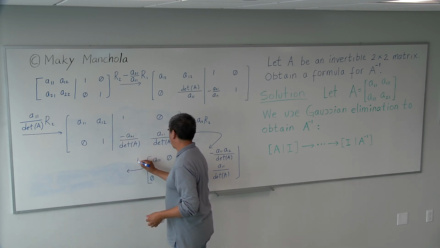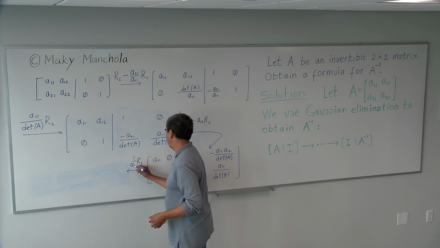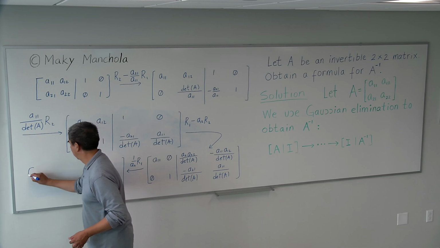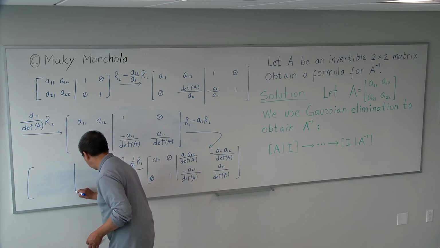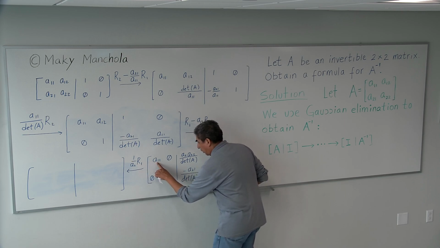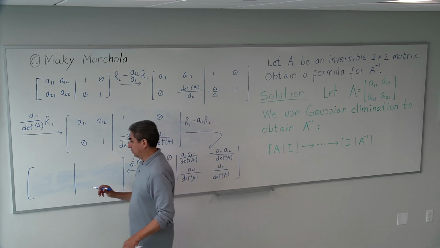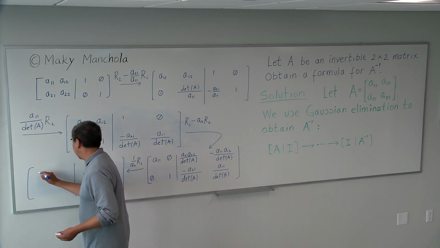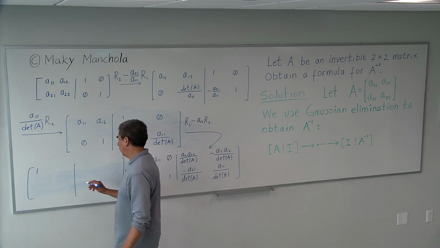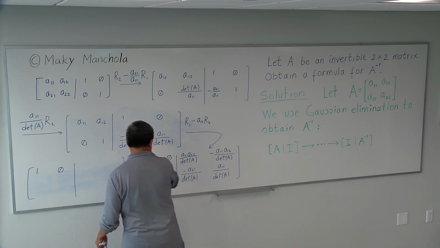Multiply row 1 by 1 over A11. So we get A11 over A11 cancels out. 0 times 1 over A11 is still 0.